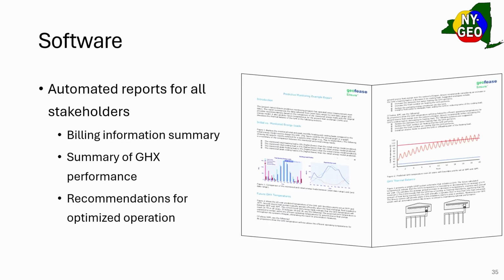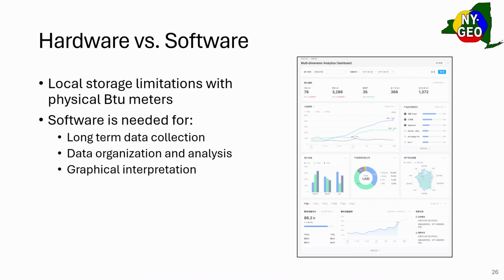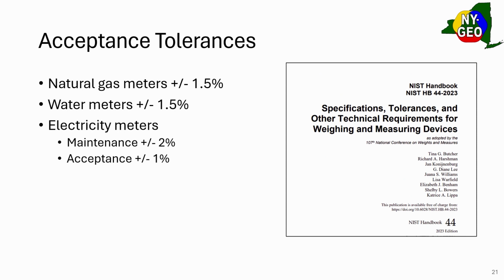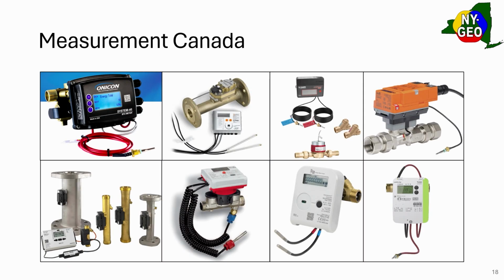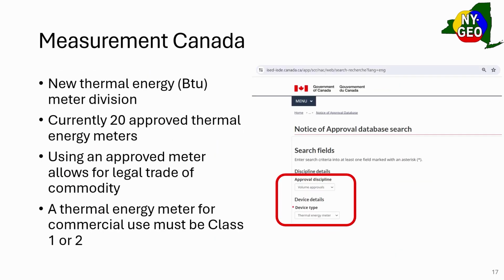Is the Canadian listing of meters available publicly? If you go to this website, you can look at all of them. You have to type that down pretty quick, but I could send it to you after.